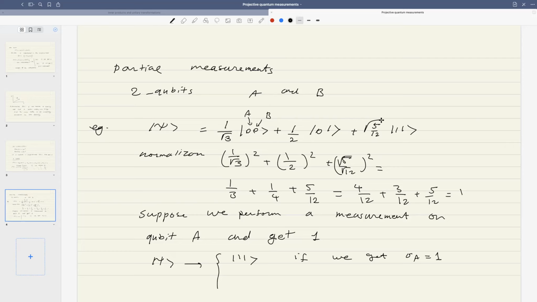And then there is this other term which has 1,1. So no matter how you change these coefficients after the measurement, as long as you have any 1,1, there's going to be some finite probability of getting a 1 when measuring A.